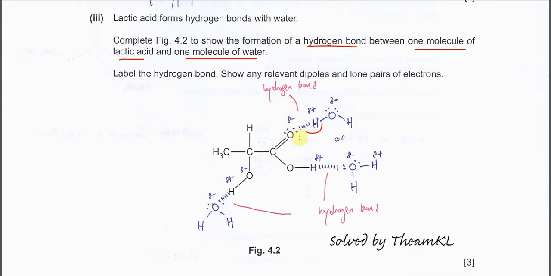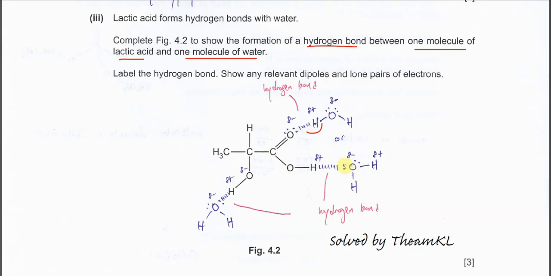Okay, this is how to draw the hydrogen bond, between the oxygen and the H in the water. It can actually be done another way. Because this H is bonded to oxygen, this hydrogen can form a hydrogen bond with the water. So now the water does not use its hydrogen; it uses the oxygen.